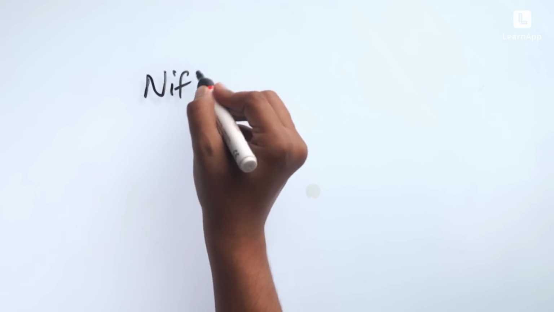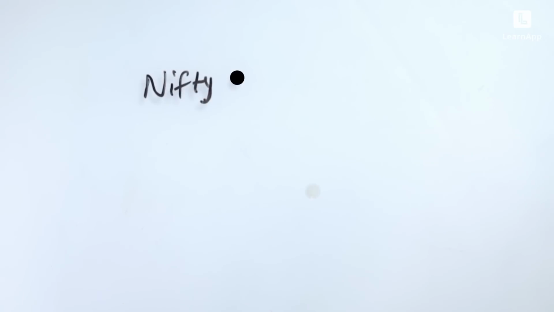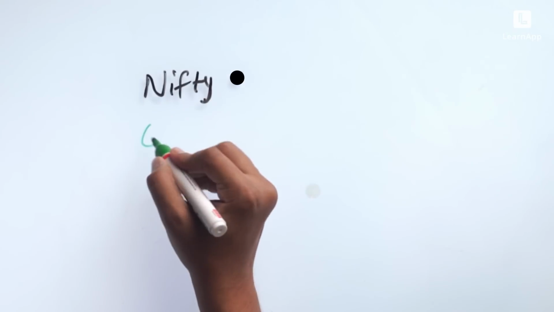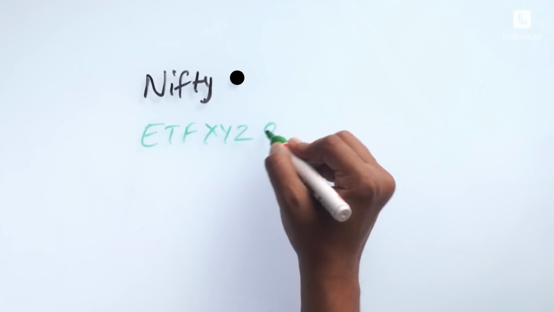Now remember, an ETF is actually trying to mimic an index. So let's suppose that we have Nifty over here. So I'll say Nifty. And we have your ETF fund. So we have ETF XYZ in green.